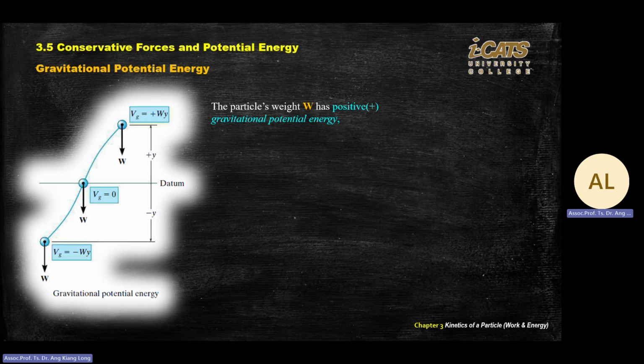If the datum is at the center and your object goes down, then you have negative energy or negative work. Important: if you see it gives you a datum, basically it will ask you for potential energy.